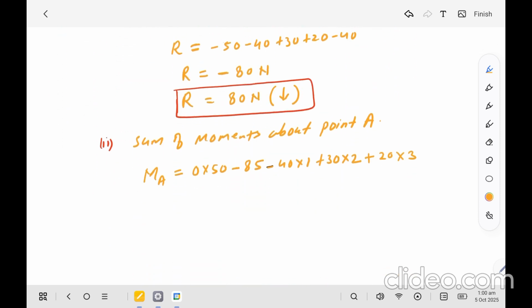Okay, so minus 40 into 4, meter is the distance.